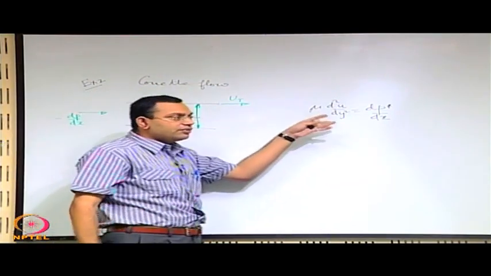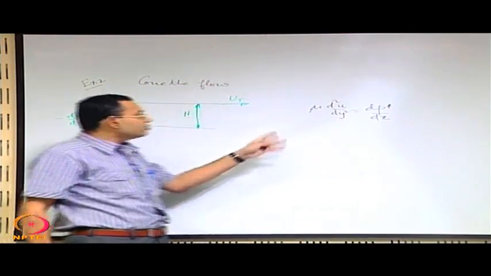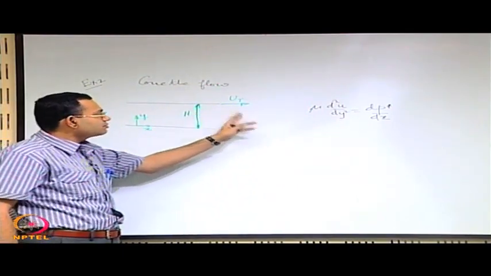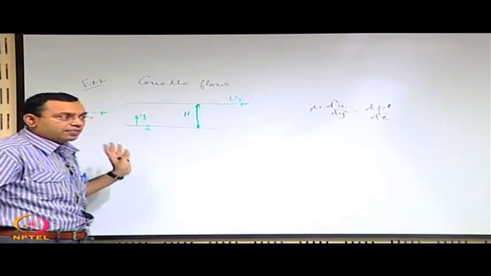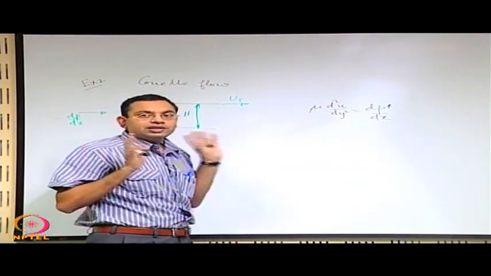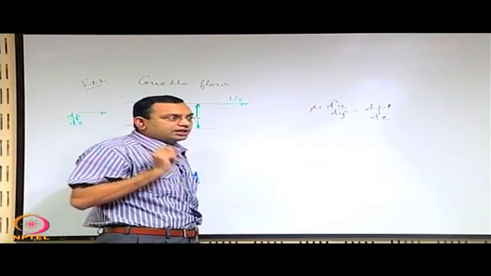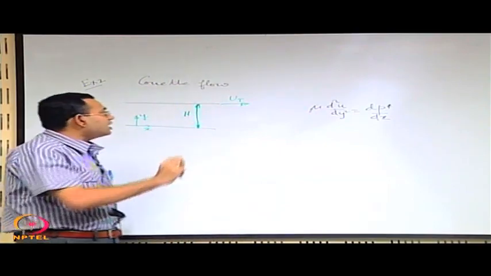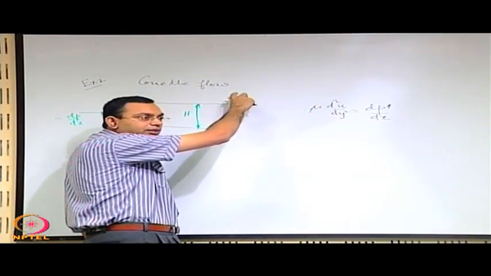Now of course it is very easy and trivial to integrate it twice to get the velocity by using these boundary conditions, but we will do it in a different way. Why a different way? We want to isolate the effect of this additional thing which has come into the picture.